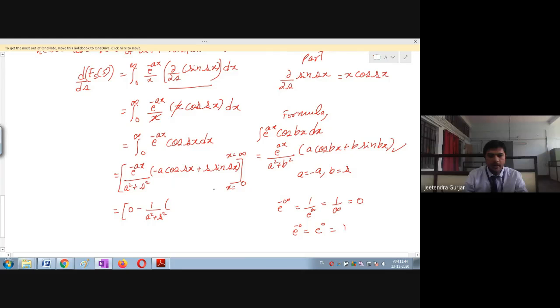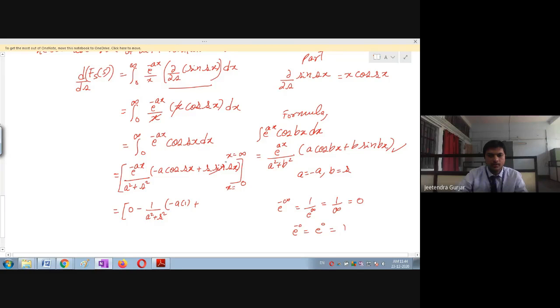Okay, now x is again 0. So now I can see this is cos. Cos 0 will become 1, so please note down, this is minus a, I will keep it as it is, into 1. So I'll write 1. Then plus s into sine 0.